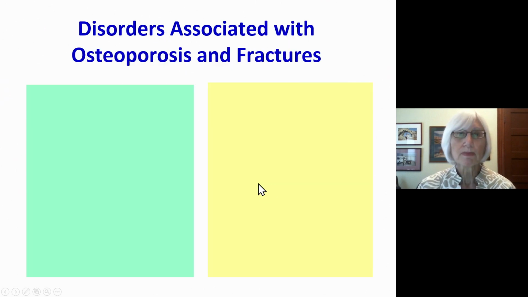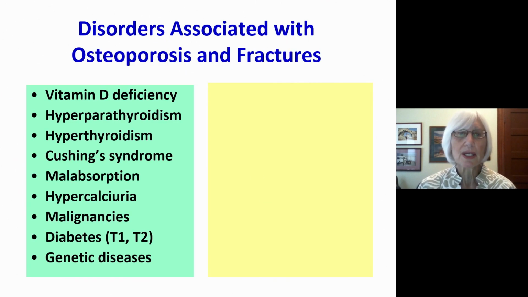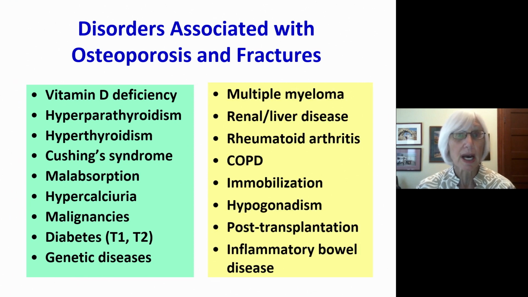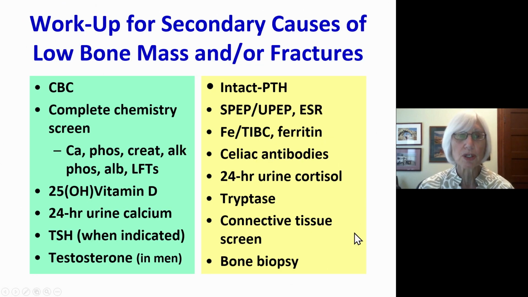So just to remember, there is a differential diagnosis of disorders associated with osteoporosis and fractures. There's a long list of other disorders that are shown here, both benign and malignant disorders, inflammatory disorders, and even diabetes, both type 1 and type 2.